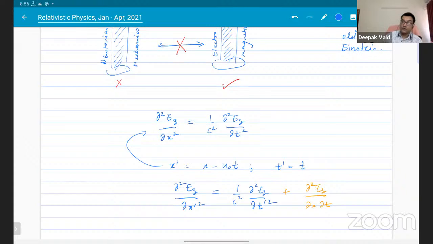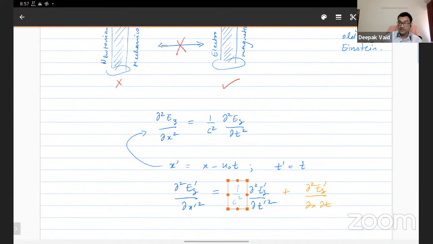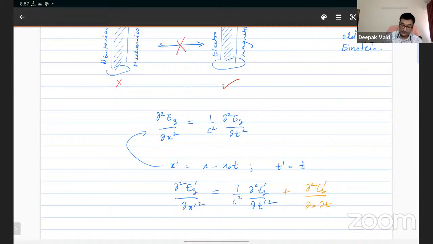And if you could give some wave-like solution for this Ez as seen by the moving observer, then that wave-like solution would not necessarily have the same speed c, right?